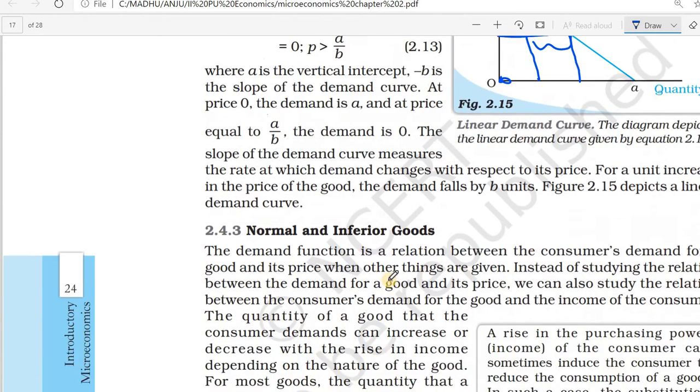Okay, now we can go to normal goods and inferior goods. We know different types of goods are there. Some goods, when the price is increasing, automatically we know demand will decrease. Or some goods, suppose our income is increasing.